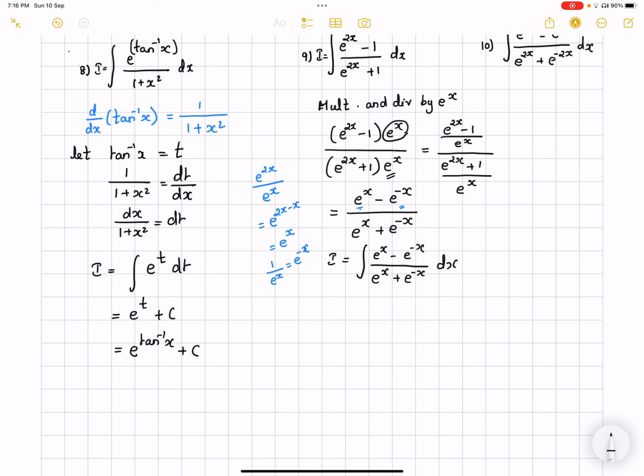So let e to the power x plus e to the power minus x be equal to t. Then when I differentiate, I get e to the power x minus e to the power minus x equal to dt by dx. I got the same thing. Now here, e to the power x minus e to the power minus x dx is going to be equal to dt. That's it. Now our problem is solved.